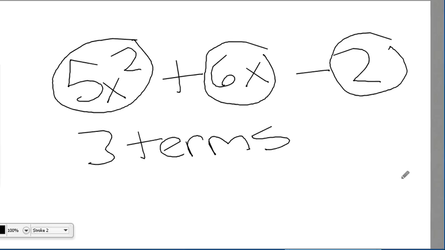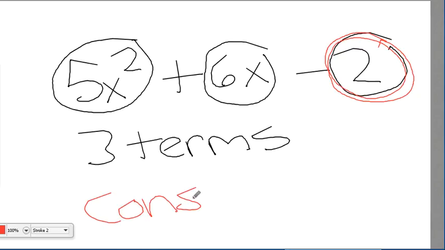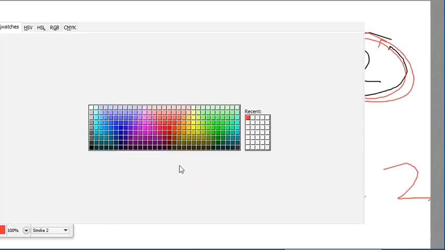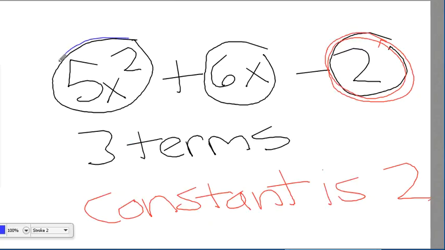If I ask you what the constant of this expression would be, you would tell me 2. The constant of this expression is 2. Remember, the constant is the term that is just a number. If I ask you what the coefficient of the term 5 times x squared is, you would tell me 5.